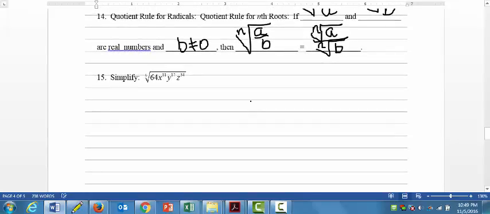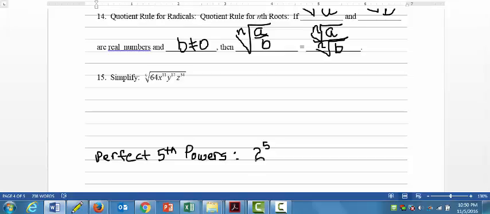So let's simplify number 15. So here we look at the index of our radical, which is 5. So we're interested in perfect fifth powers. So we start by getting our first number on the list by raising 2 to the 5th, and that is 32.